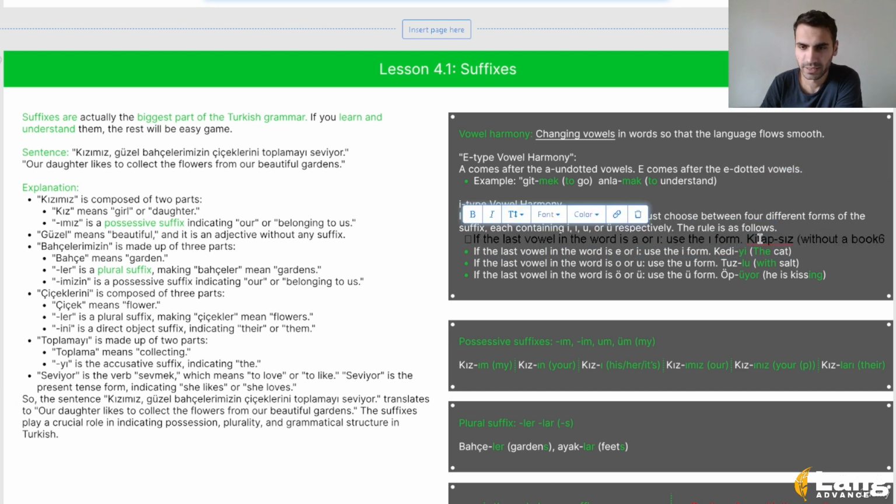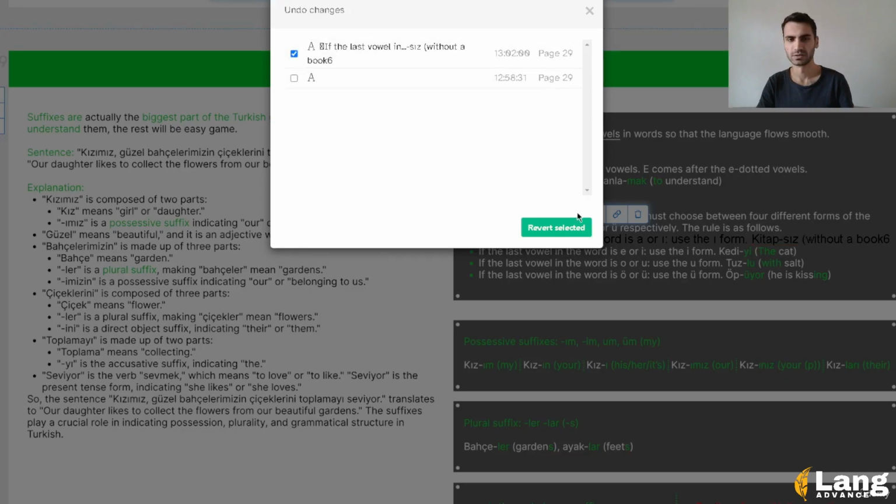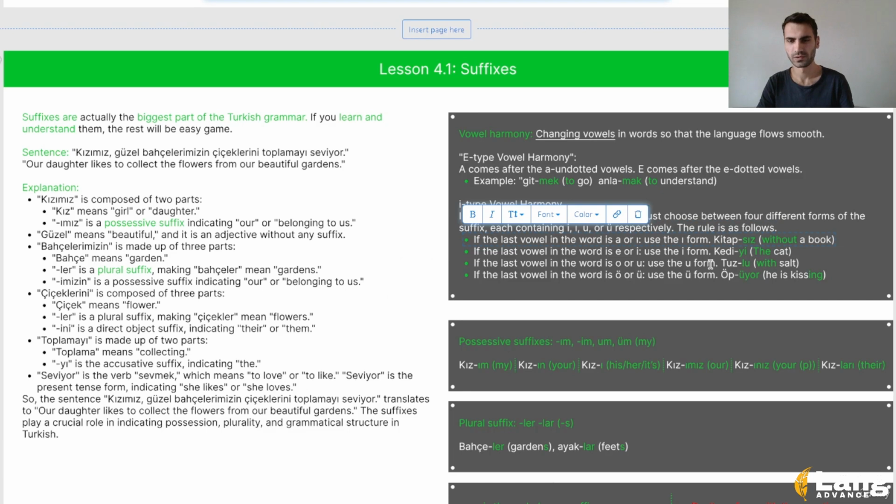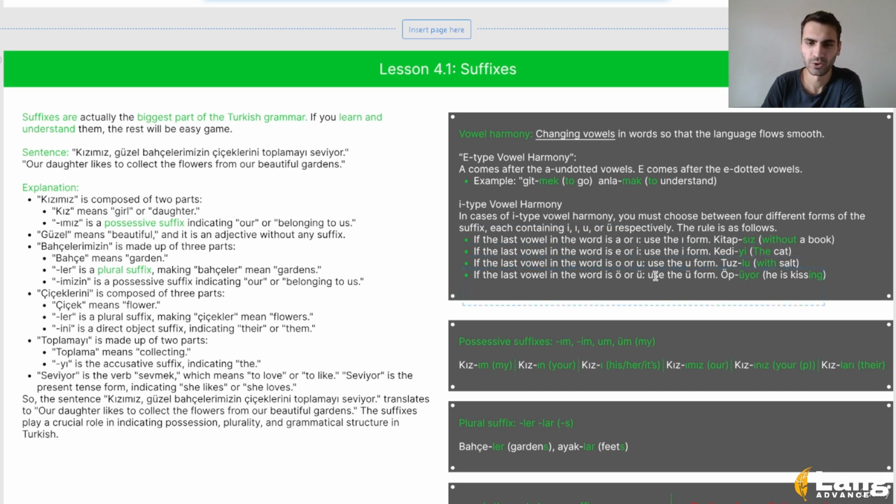After A came the thinner version of A, which is Ü. After kedi, it is E already, so E. It doesn't change. After A or Ü comes Ü. After E or E comes E. O or U comes U. Ö or Ü comes Ü.